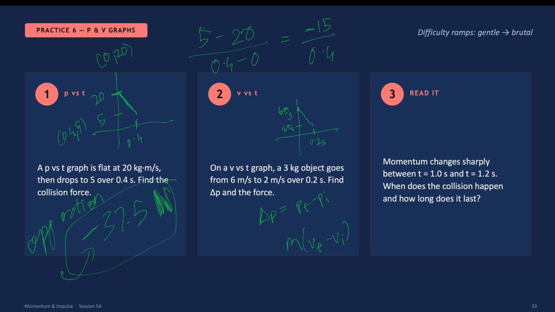I showed you guys before. So mass times 2 because that's our velocity final, minus our velocity initial, which is 6. So negative 4 m. Or, since we know m is 3, negative 12 is our delta P.